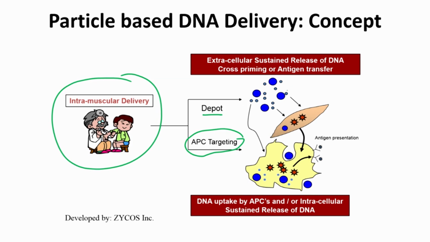So what you see here is that you are now getting your antigen in the local cells, and this is being expressed in the cytoplasm or in the endosomes and getting presented out for the rest of the immune system to take care of.